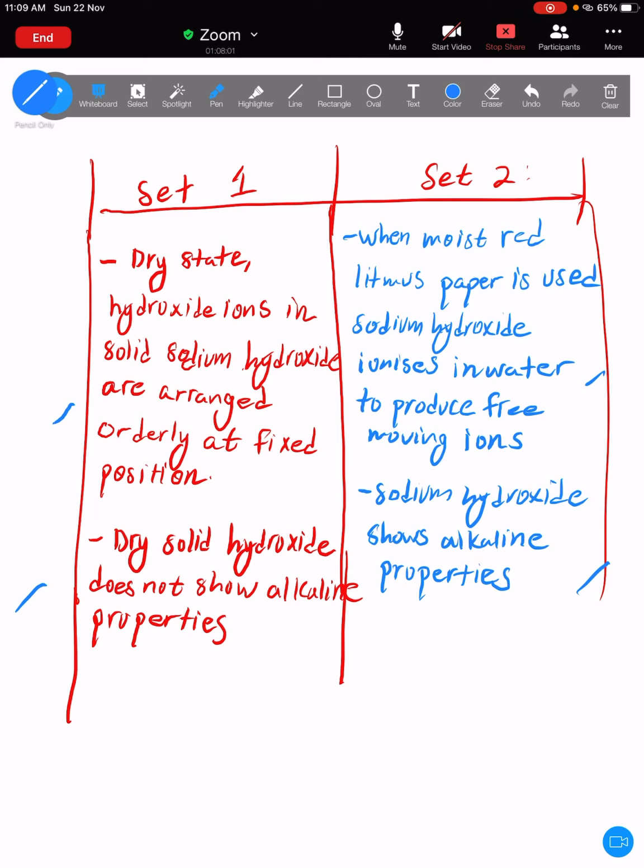Yeah, because in order to show the properties, the OH need to move freely. And once it moves freely, then it will show the properties such as alkaline properties. It can conduct electricity. Those are the properties when it is in an aqueous or liquid state. Okay, good.